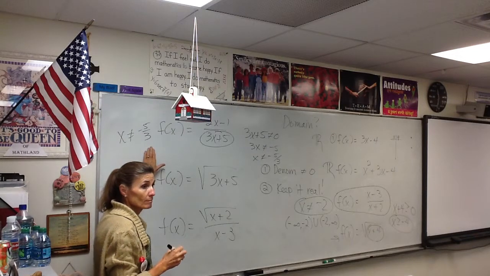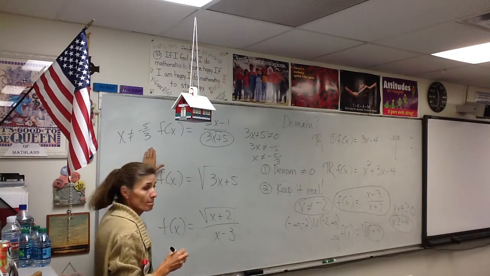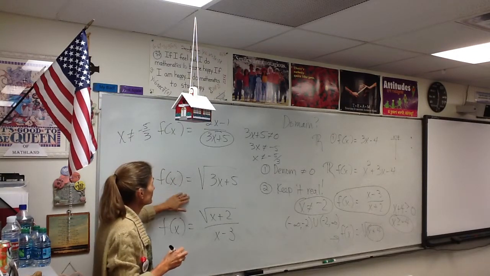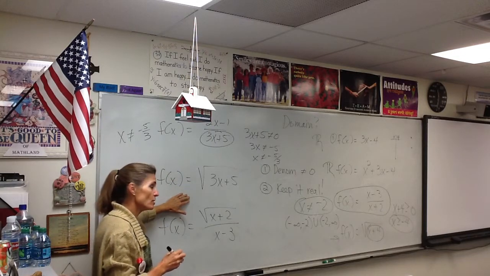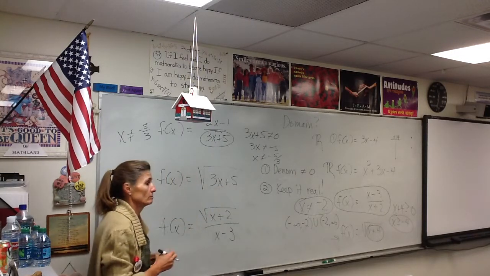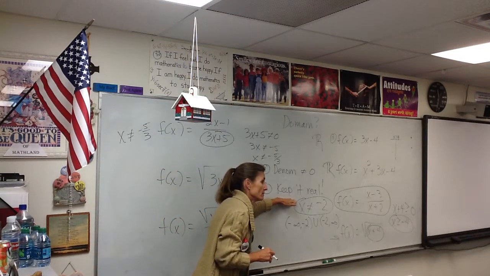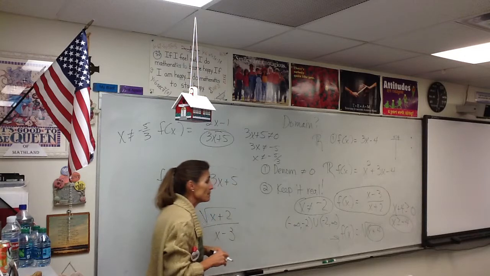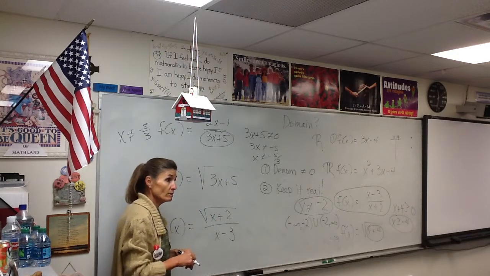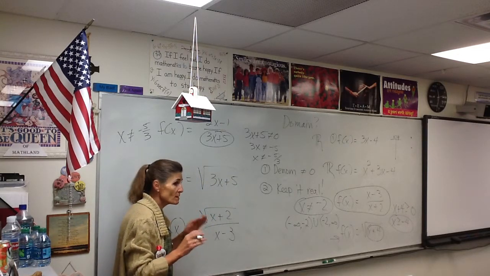All right, now let's look at this one, which is a different situation. This is a radical. So what do I have to focus on? Keeping it real, which means what?